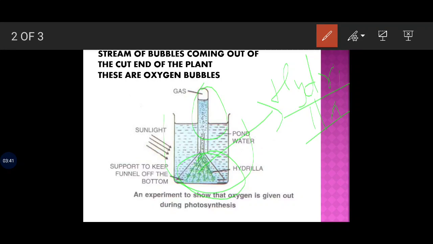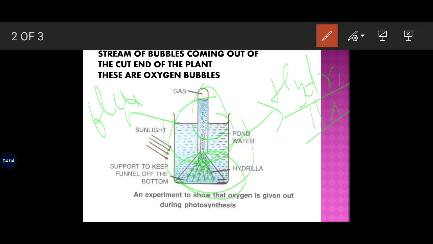We have selected this because it is used to the aquatic habitat, and aquatic plants perform photosynthesis in water, and observing the liberation of any gas in the fluid medium is easier.